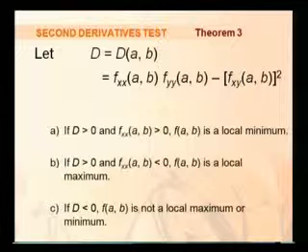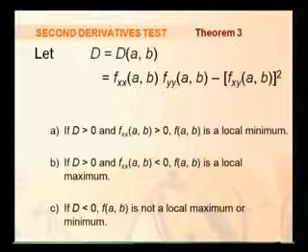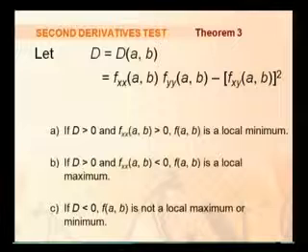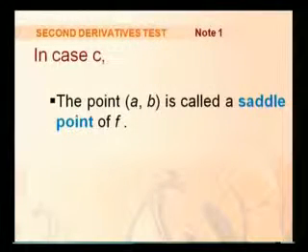If D is greater than 0 and fxx is less than 0, then the function has a local maximum. If D is less than 0, then f(a, b) is not a local maximum or local minimum, and in this case we can say that the point (a, b) is a saddle point.